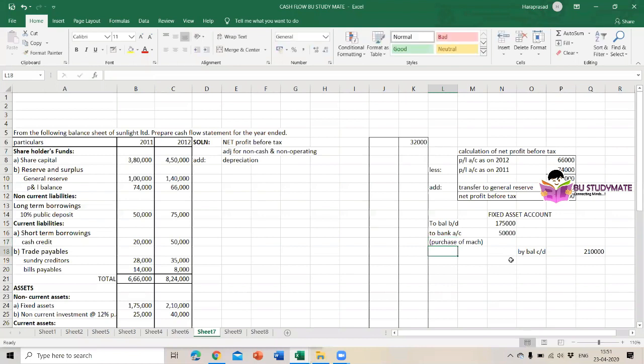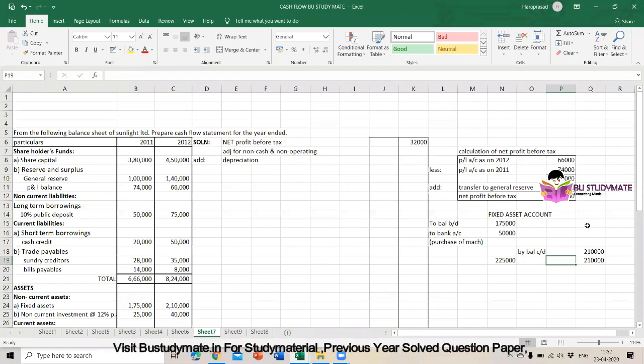Anything else we have? We don't have, because in this fixed asset account we are ascertaining the depreciation of the current year. So here the balancing amount is the depreciation. How much is the balancing amount?